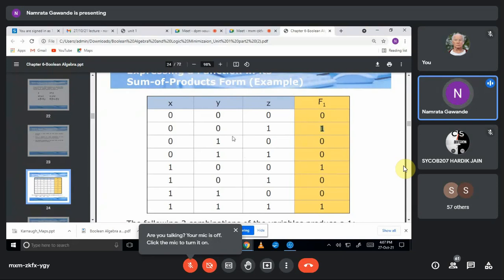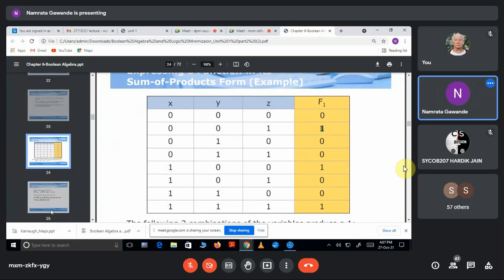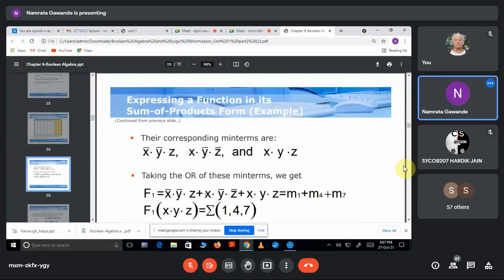In this truth table, these 3 terms are producing the output as a 1. So we have generated a form here based on the corresponding min terms, and those min terms are these.